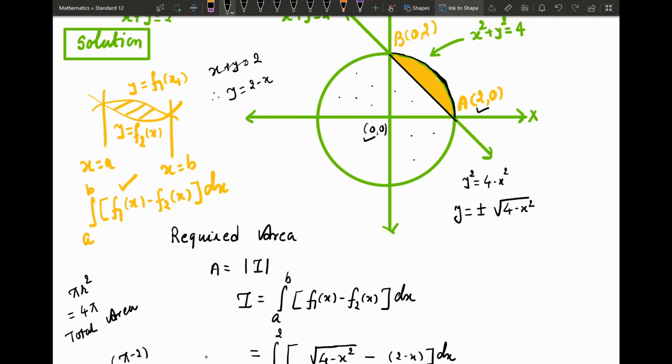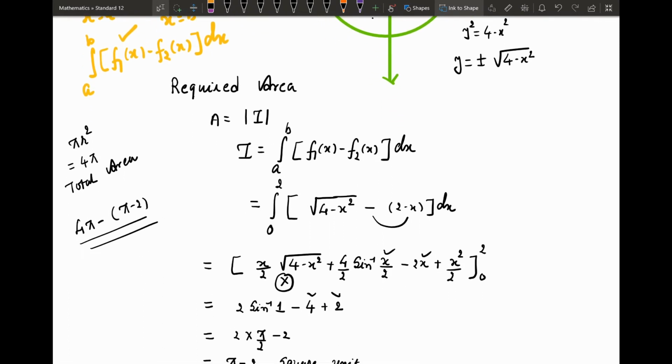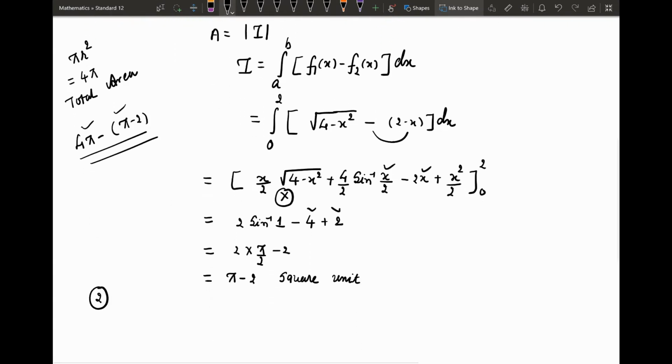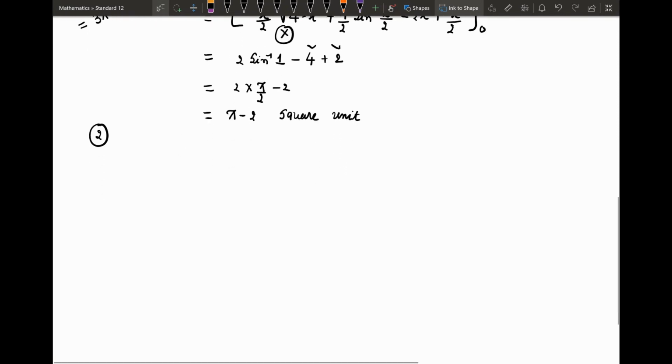If we subtract the smaller area from the total area 4 pi, then the area of the bigger portion will be 3 pi plus 2.